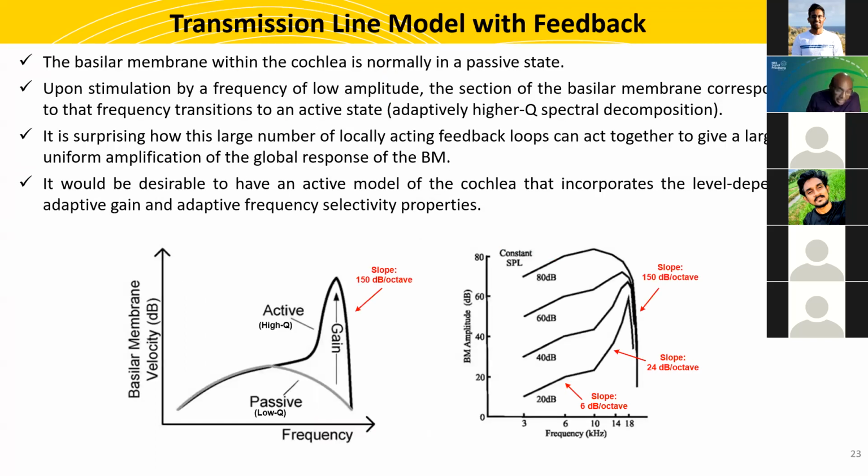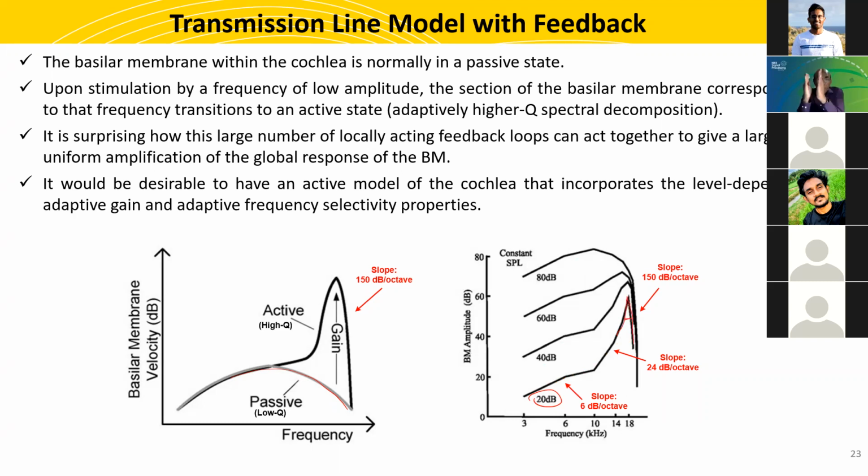So you can see there is enough evidence to demonstrate that it's not always in passive mode, it's in active mode. For a signal of 20 dB, very low, less than 20 dB even, this is only the actual measurement. They were only able to measure down to 20 dB. At 20 dB, there are very sharp characteristics. You can see the bandwidth is small.